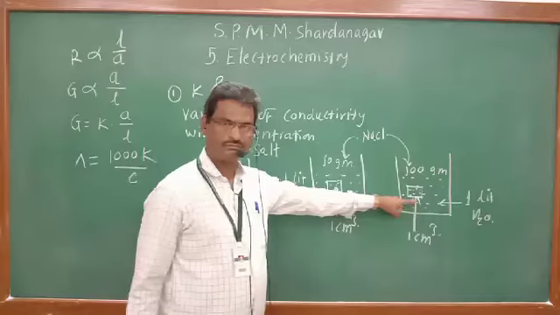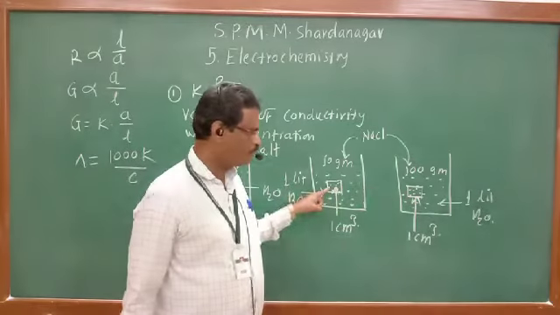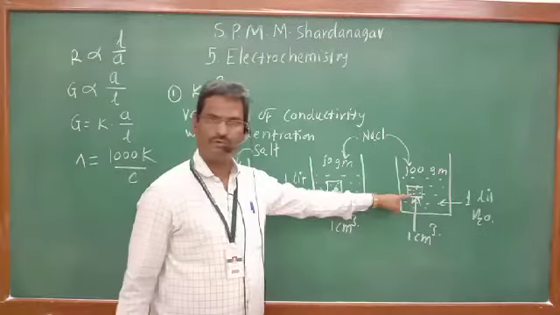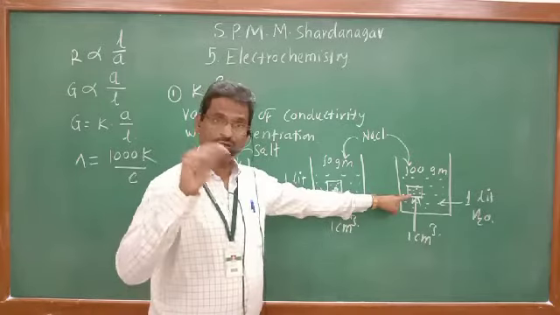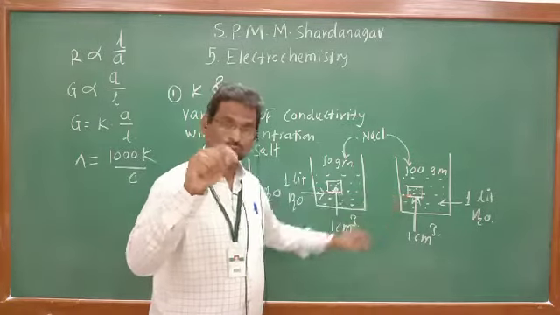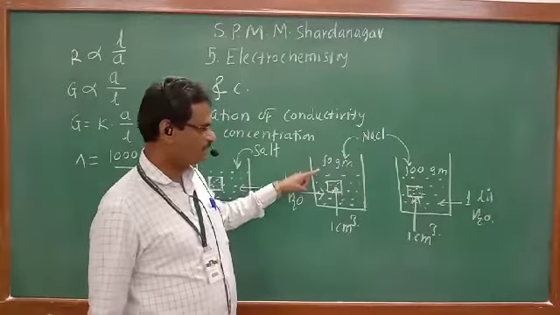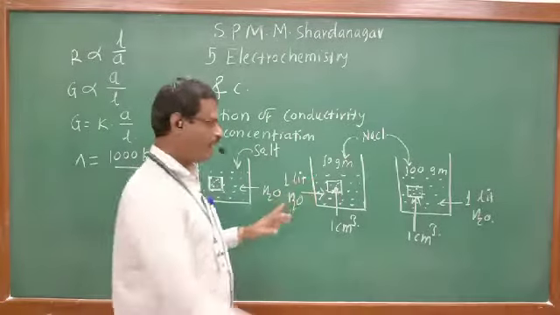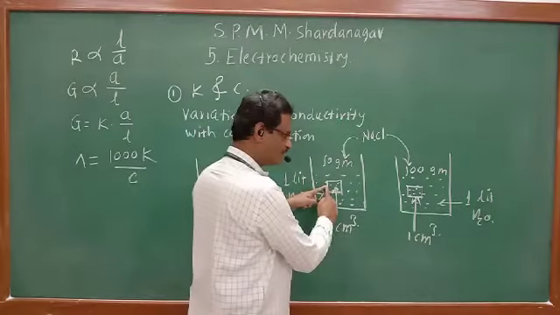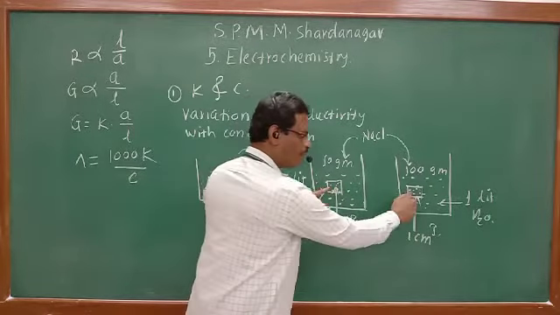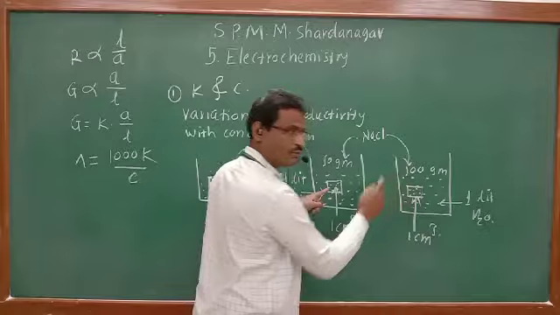But can you come to know whether Na plus ions and Cl minus ions are more in the first case, this volume, or more in the second case, this volume?